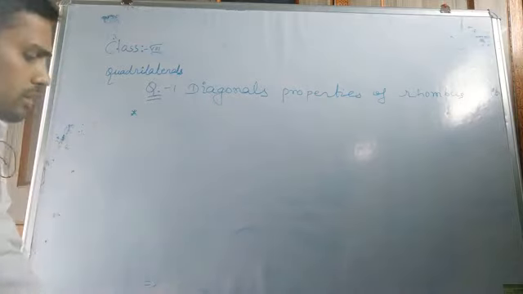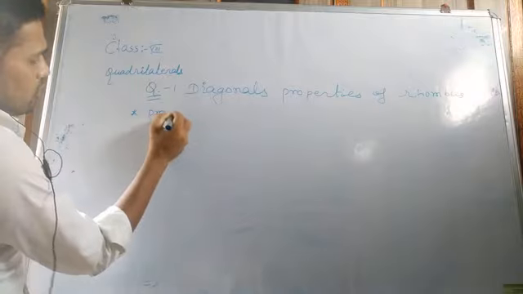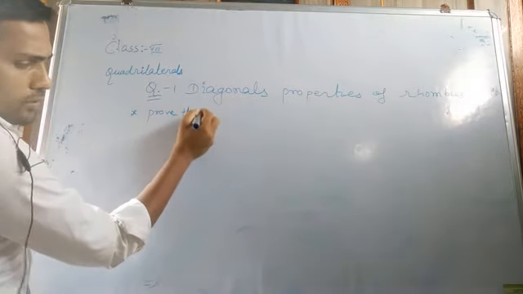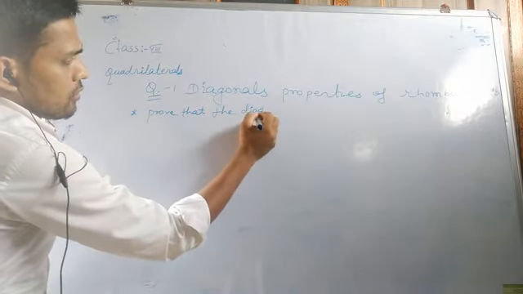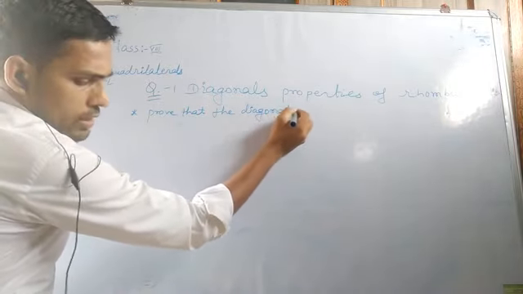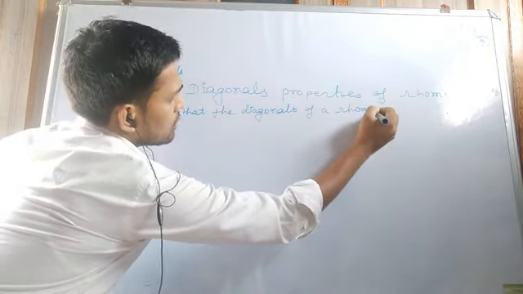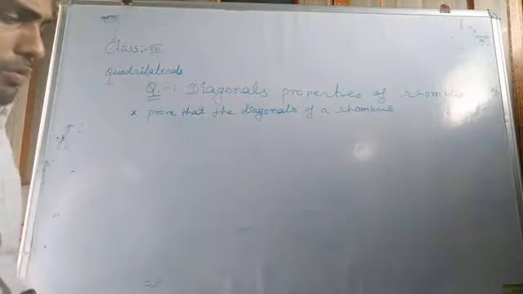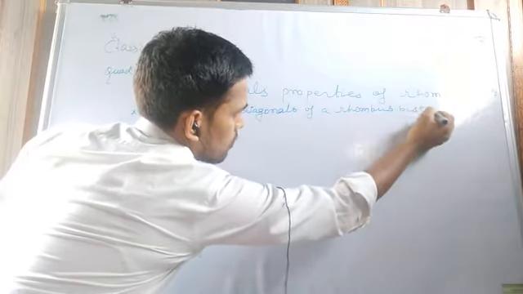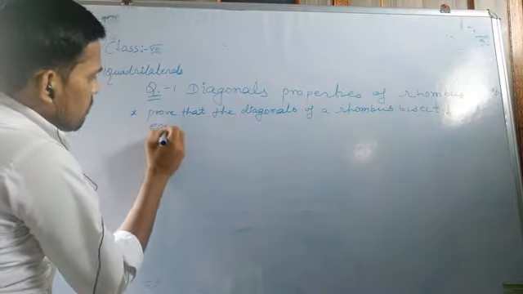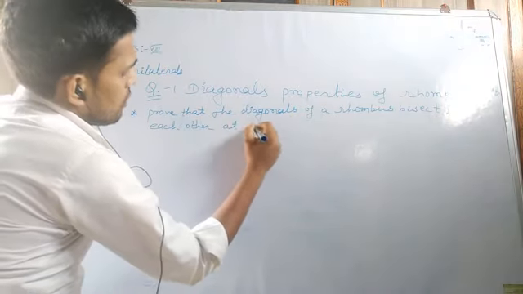The question is: prove that the diagonals of a rhombus bisect each other at right angles.